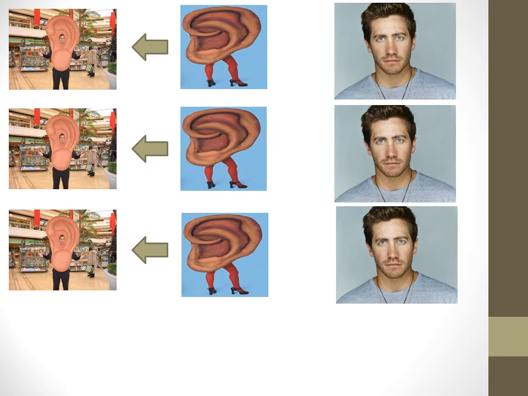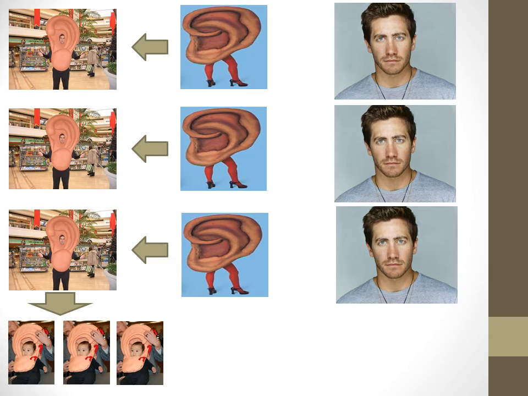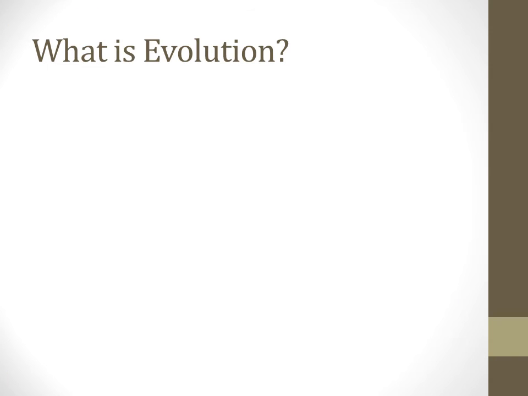Furthermore, the Ear Guy and the ear girl are going to have offspring that pass on their trait, little ear babies with the little ear trait right there, and it's so cute. But anyways, since it's all ear people and they don't find the Jake Gyllenhaal trait to be very attractive, the Jake Gyllenhaal trait is then going to be selected against, and you're not going to have any more Jake Gyllenhaals.